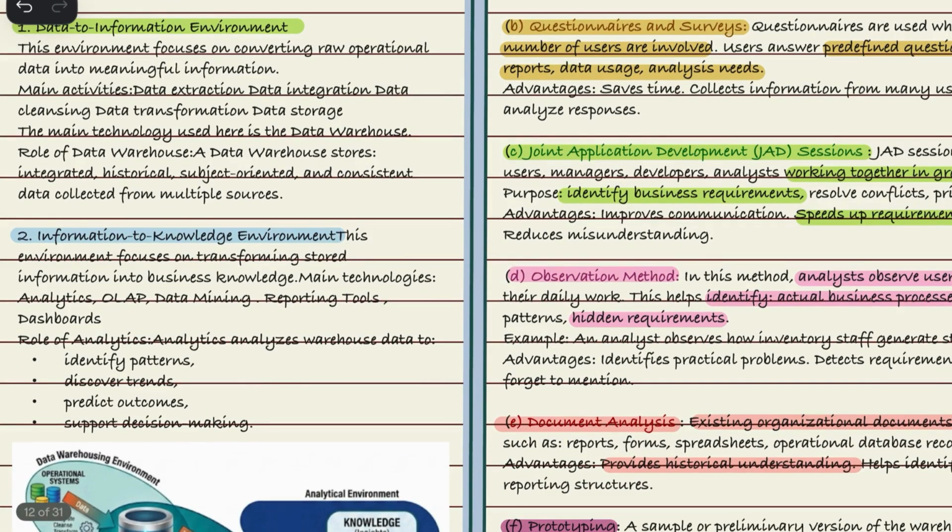And then comes the second environment, the information to knowledge environment. Now we take the clean stored information and turn it into actionable, predictive knowledge, the next step. This is powered by analytics and the interactive dashboards we are talking about. In this environment we are not just looking at past data rows.